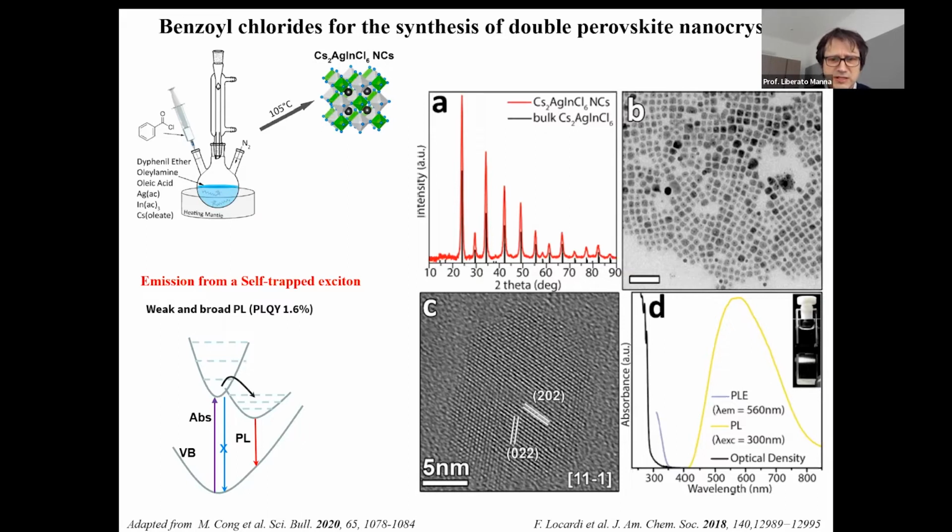These nanocrystals, like the standard bulk materials, are poor emitters. The emission is from self-trapped excitons, with a PL quantum yield of just 1.6%, strongly Stokes shifted from the absorption, as it should be for a self-trapped exciton type of emission.